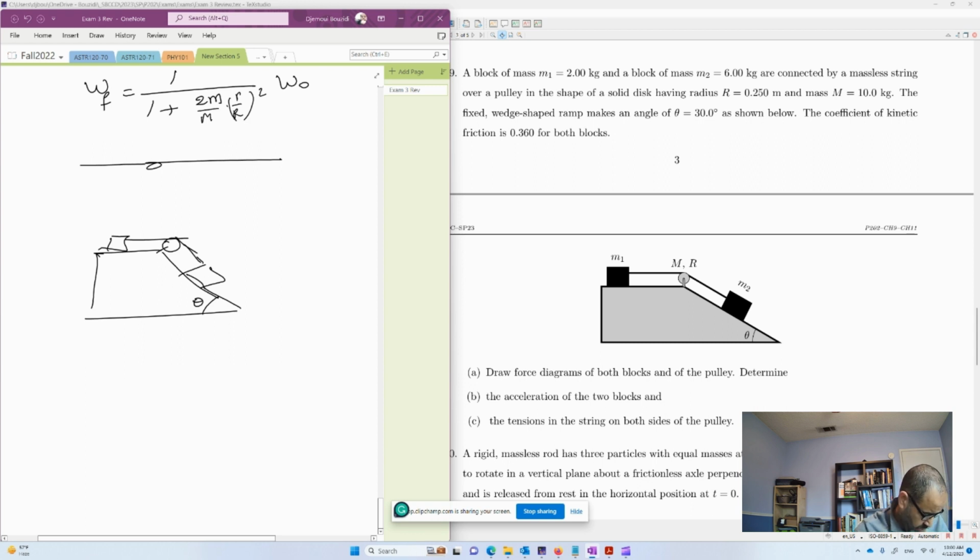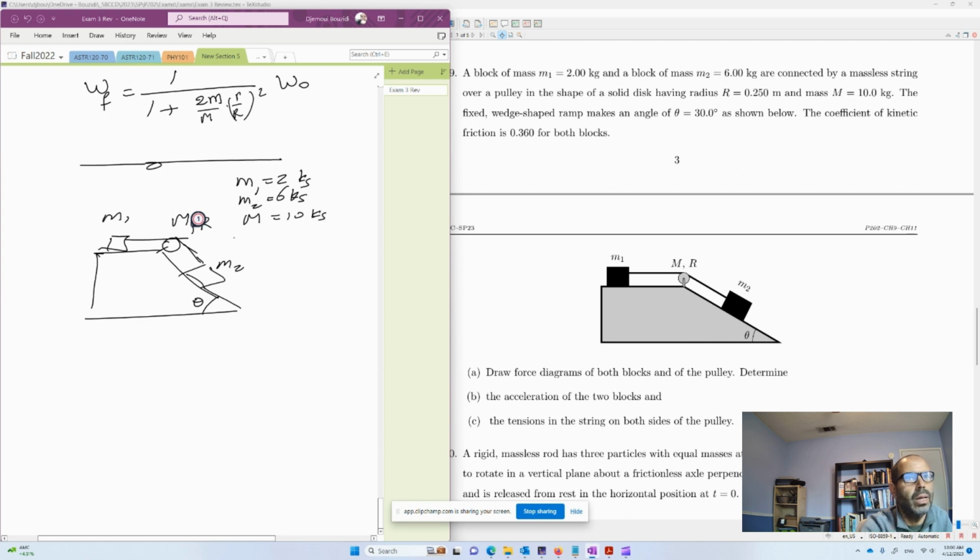Okay, we were asked to find the free body diagram. That's question number 1. Draw the force diagrams for the two blocks and the pulley. M1, which is this mass, and M2, which is this mass, and big M and big R are all given, including the coefficient of friction. M1 is equal to 2 kilograms, M2 is equal to 6 kilograms, and big M is equal to 10 kilograms.